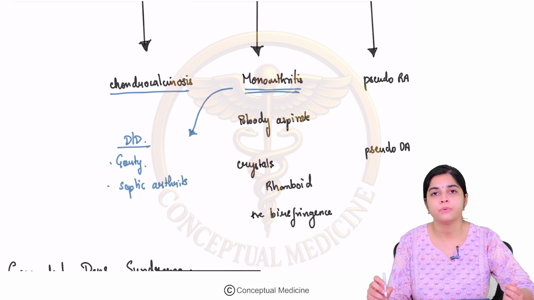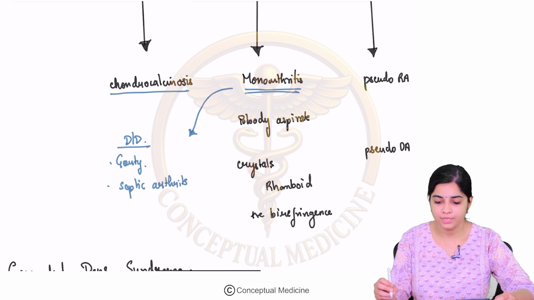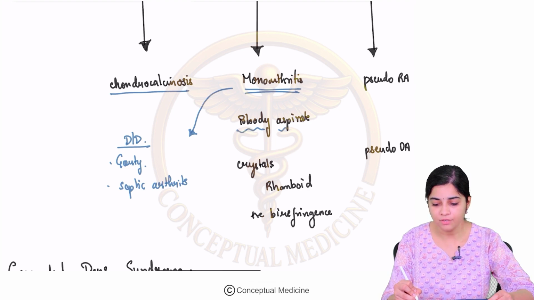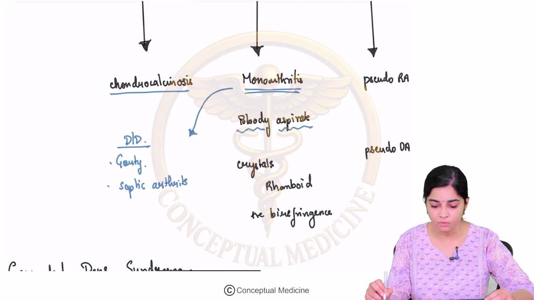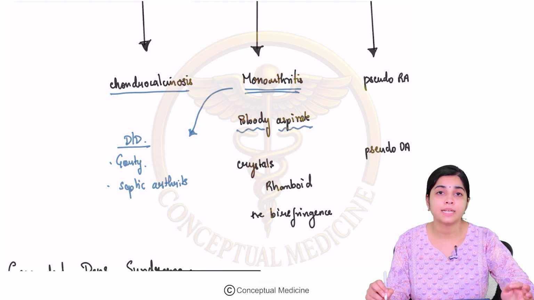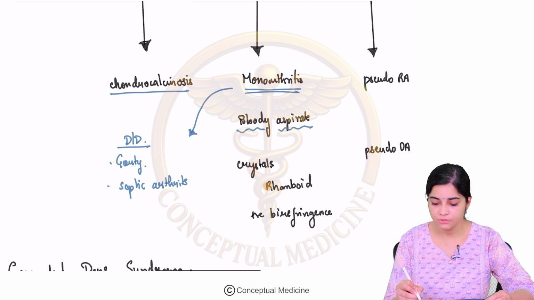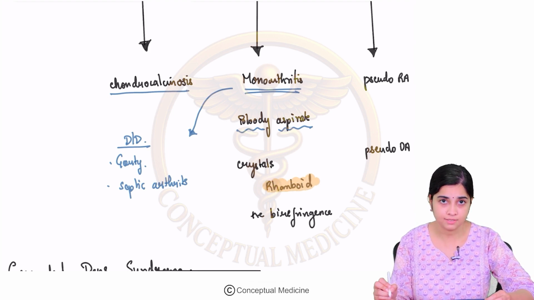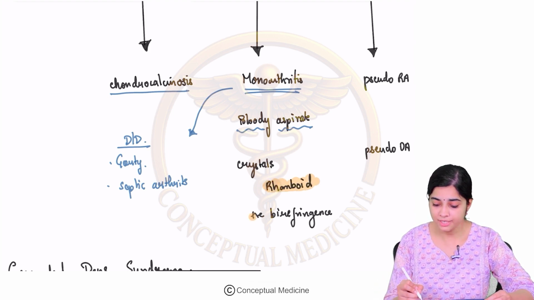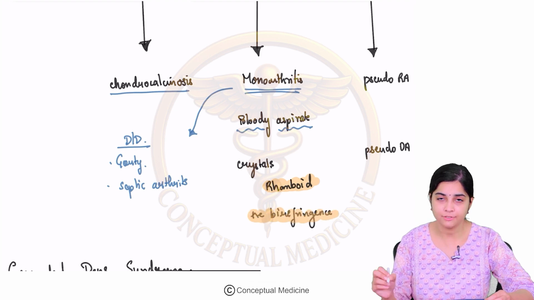So you will have to do a joint aspirate, and you may find a bloody aspirate. If you send it for analysis, what kind of crystals will you get? This is the most important distinguishing feature.